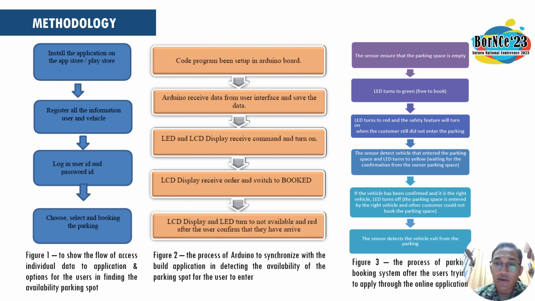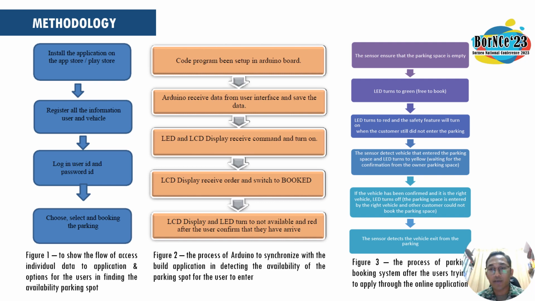The sensor detects a vehicle entering the parking space, and the LED turns yellow, waiting for confirmation from the owner of the parking space. If the vehicle has been confirmed and it is the right vehicle, the LED turns off. The parking space is entered by the right vehicle and other customers cannot book the parking space. The sensor detects the vehicle exiting the parking.